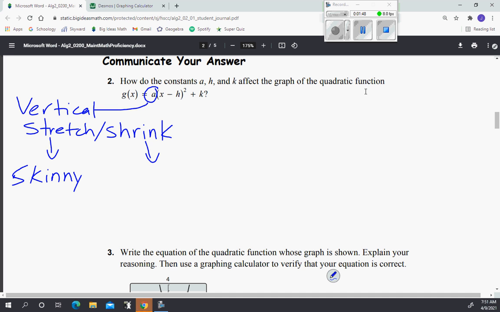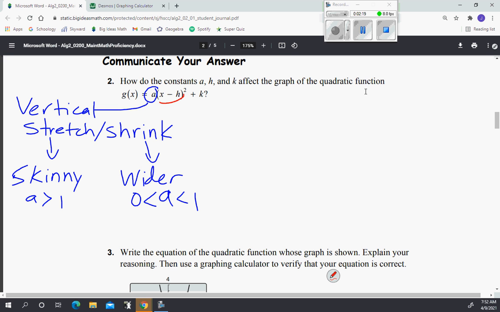A shrink makes it wider. Remember, if it's a vertical stretch, A is bigger than 1, and if it's a shrink, A is between 0 and 1. It's that fraction.